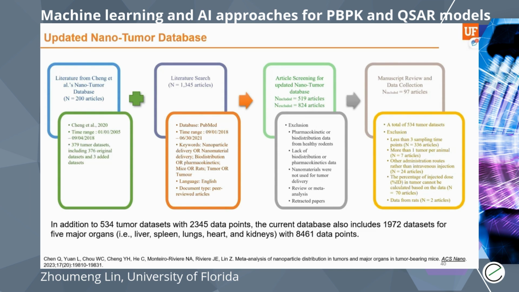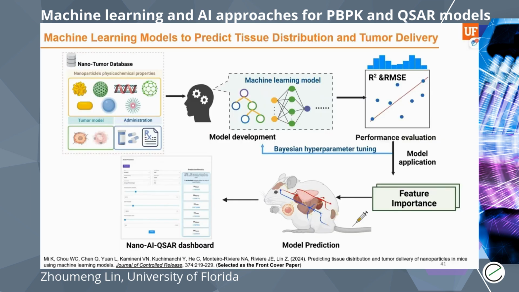So with this updated database, we developed another machine learning model in which we can predict the delivery efficiency to both the tumor and the major organs, including kidney, liver, and lung, based on physicochemical properties of the nanoparticle.